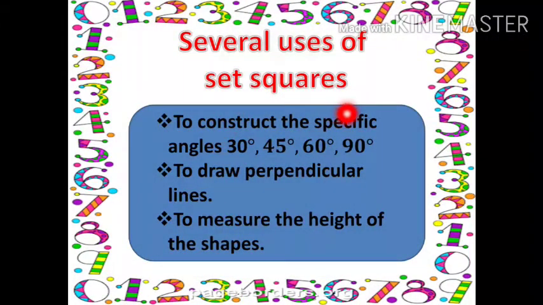The uses of set square are to construct the specific angles 30 degree, 45 degree, 60 degree and 90 degree. It is also used to draw perpendicular lines and parallel lines, and to measure the height of shapes.